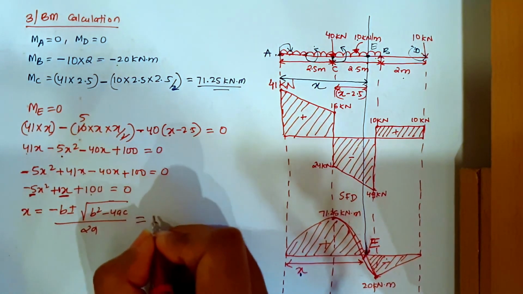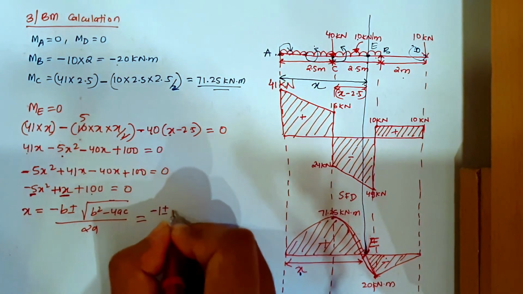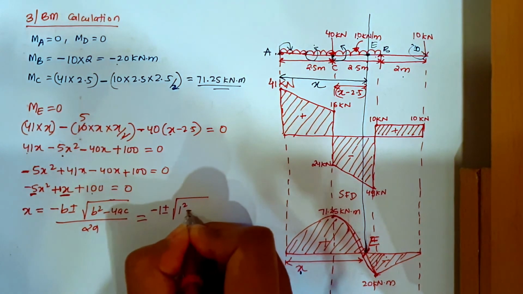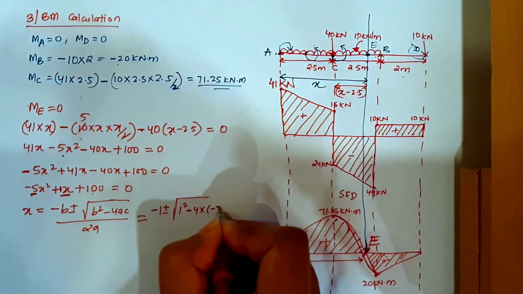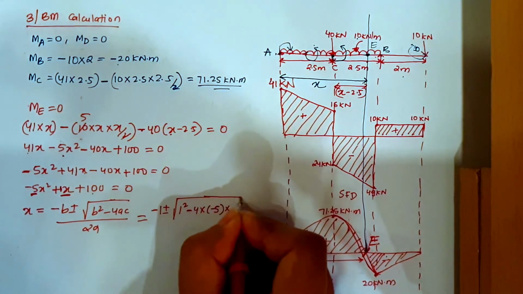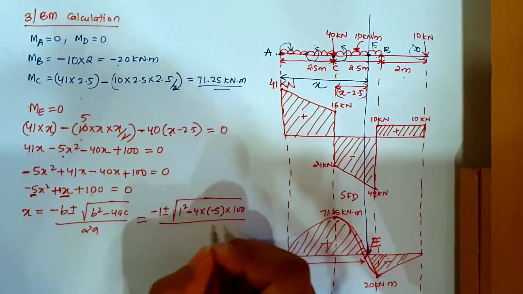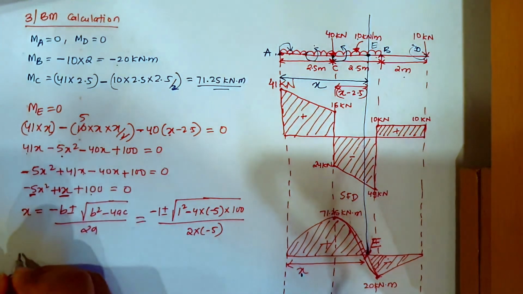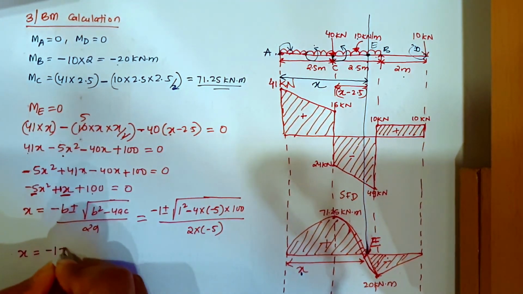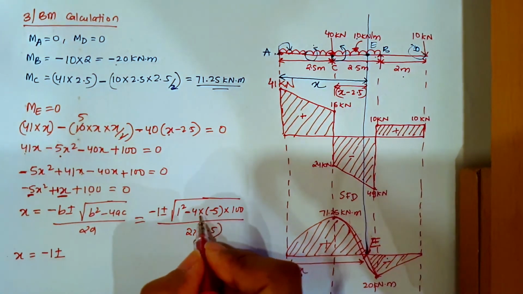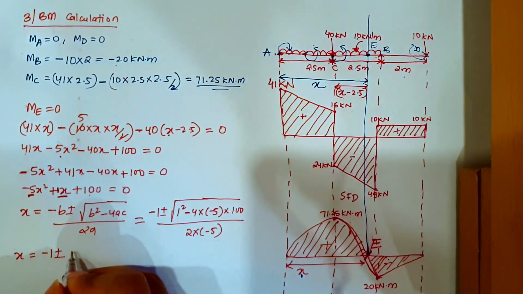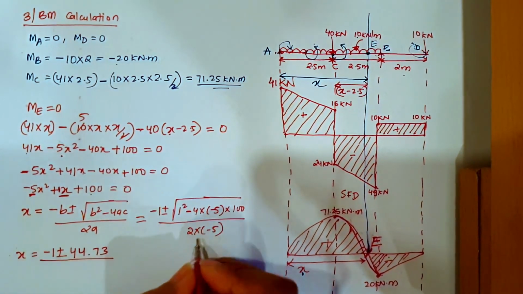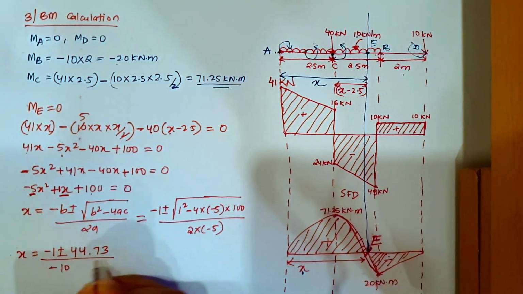So let us write b is equal to 1, so minus 1 plus minus root over b square is 1 square minus 4 into a is minus 5 into c is 100, divided by 2 into minus 5. So from here you will be getting x equals minus 1 plus minus, if you solve inside this root, you will be getting 44.73 divided by 2 into minus 5, which will be minus 10.